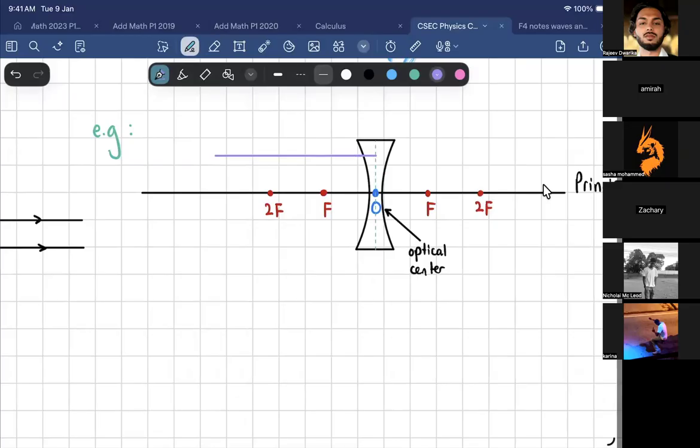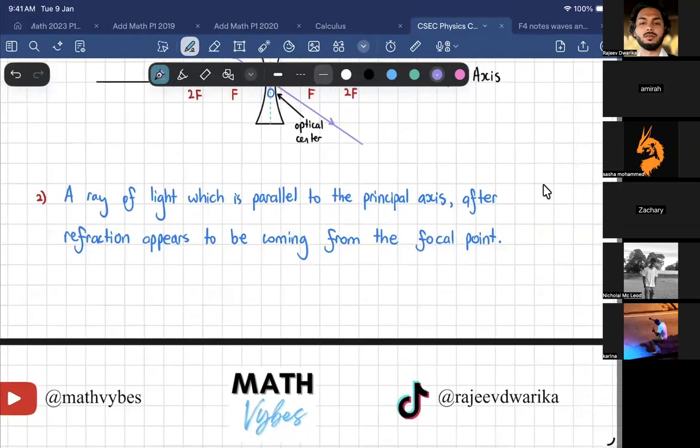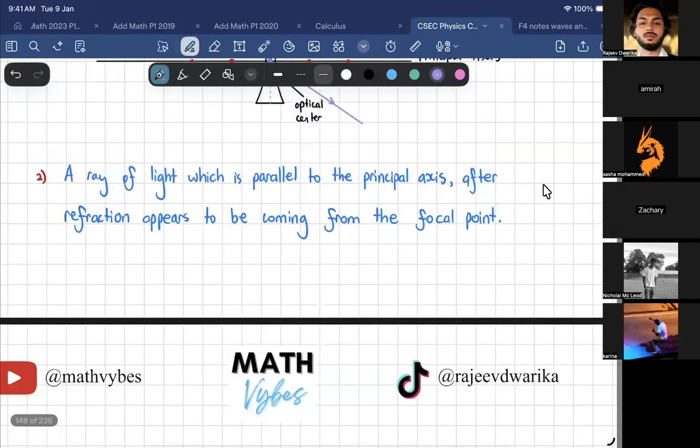What about now? Would that line be parallel to the principal axis? Yes, sir. No, guys, what did I say here? I'm saying a ray of light which is parallel to the principal axis. We just drew that. It says after refraction, so after it passes through the lens, it appears to be coming from the focal point.